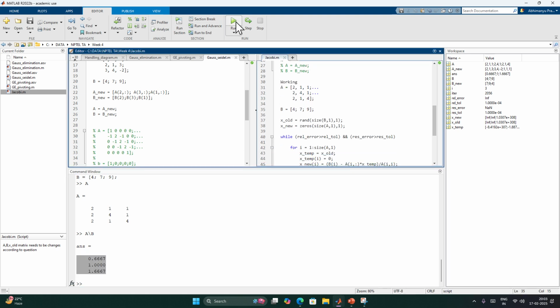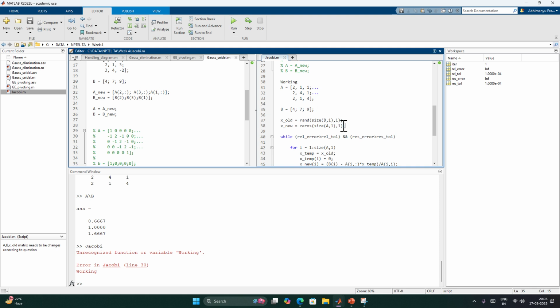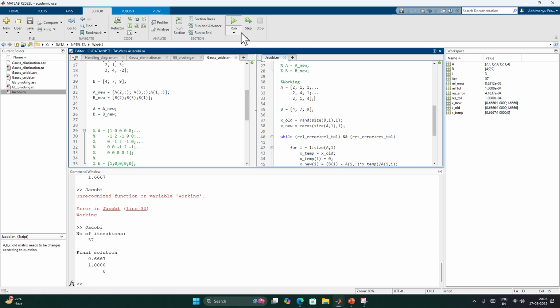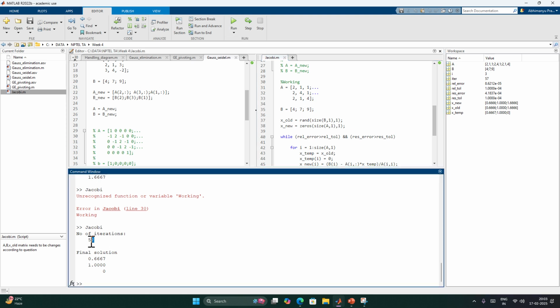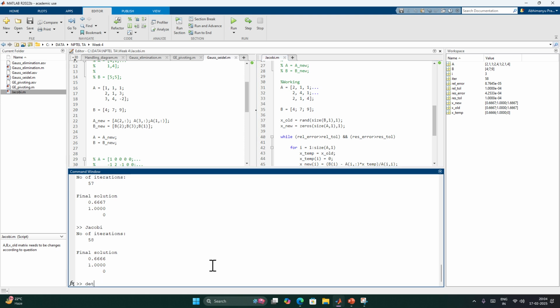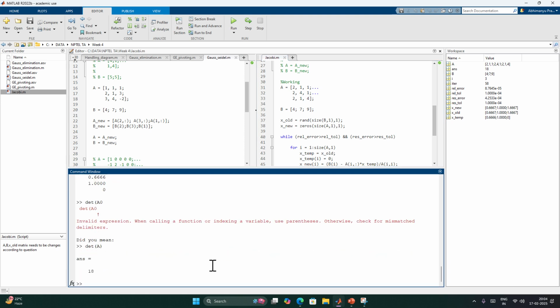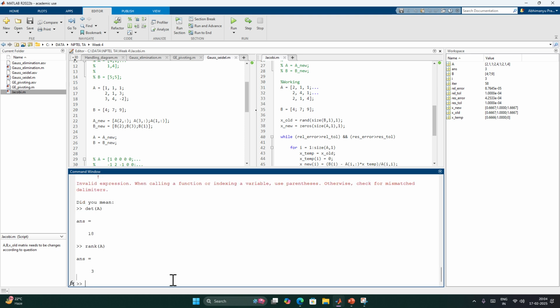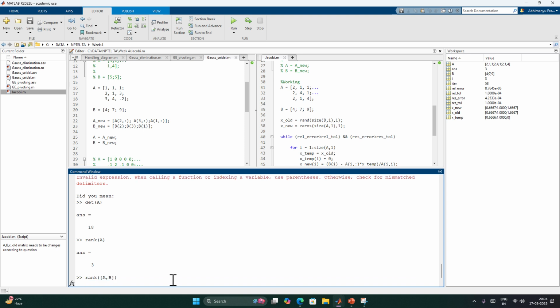And if I run Gauss-Jacobi on this, after 57 iterations, rank of A is 3, also 3.